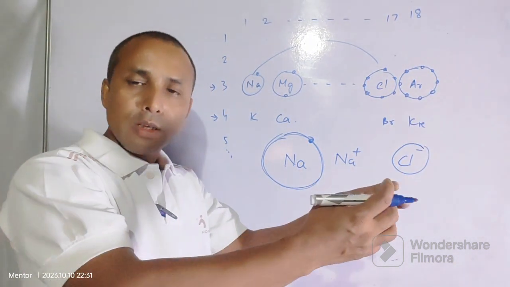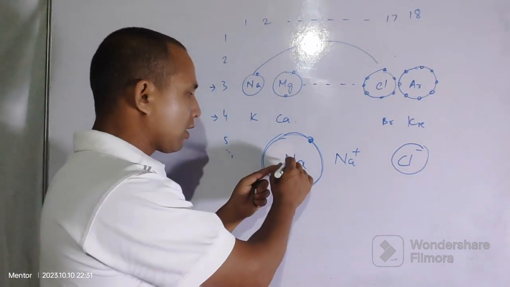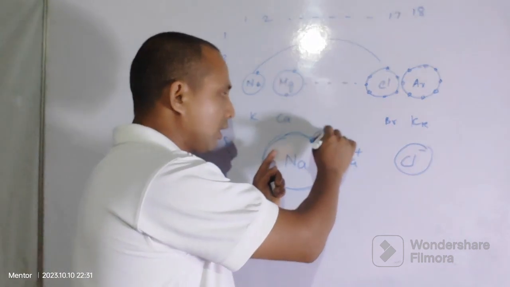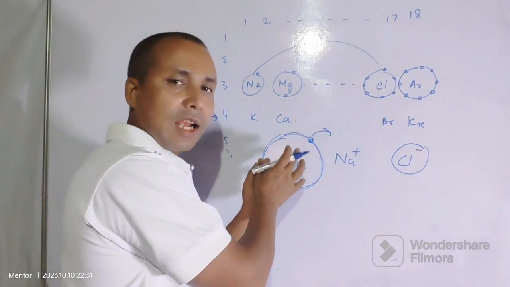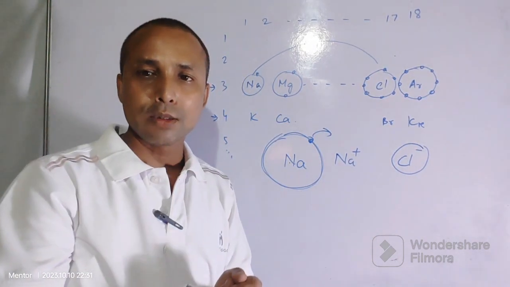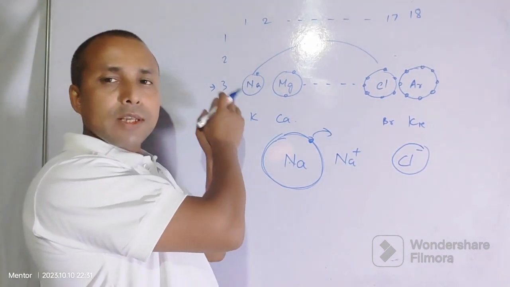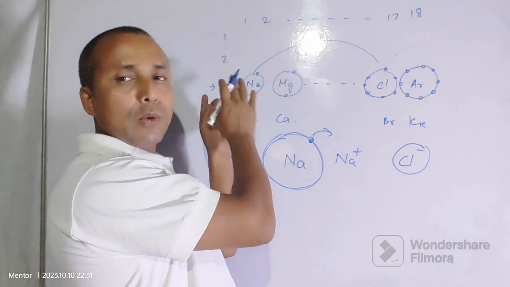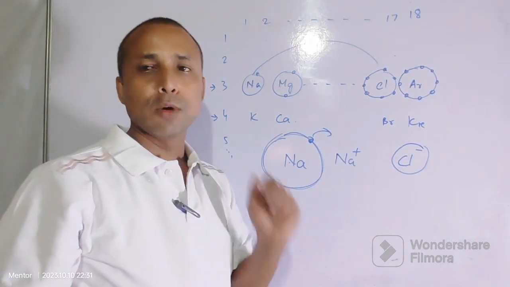It always pulls it towards the nucleus. Sodium's outermost electron wants to leave, therefore its size will be bigger. At the same time chlorine's size will always be smaller. So towards the left side of the same period, it will always be bigger, and towards the right side it will always be smaller in size.